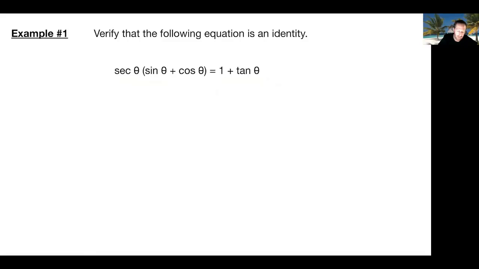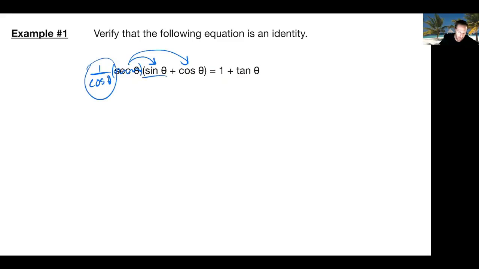And oftentimes you can just do what it says. All right, so this first example tells me to take this, which is secant theta, and multiply it times both sine theta and cosine theta. Now the first thing I'm going to do is rewrite secant theta as 1 over cos theta. And that's what I'm going to actually distribute.